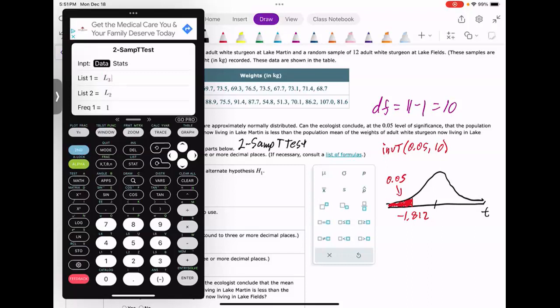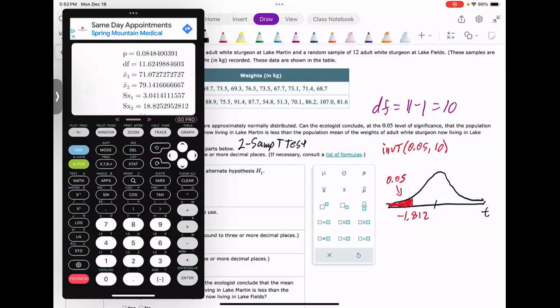List 3 for me, and list 4. And this is a less than scenario. Remember, it's always going to be no on the pooling. And calculate.